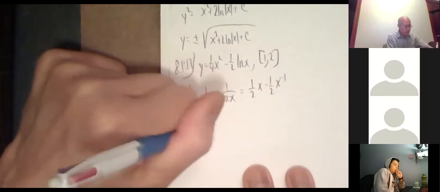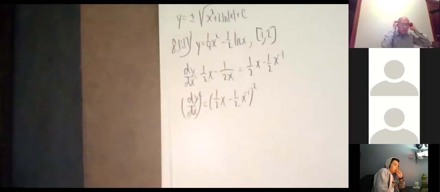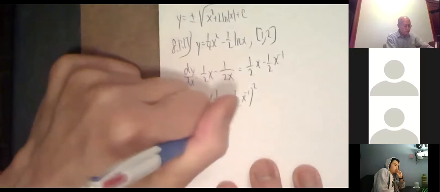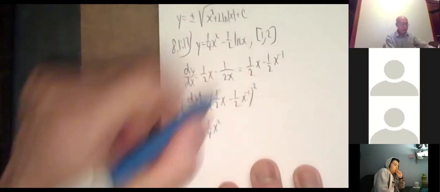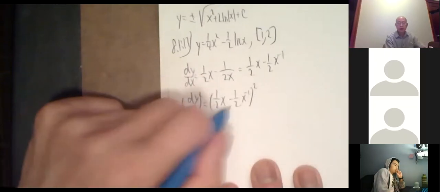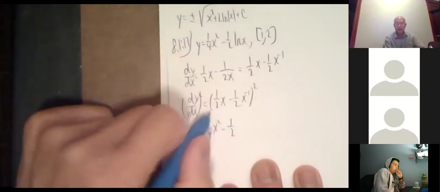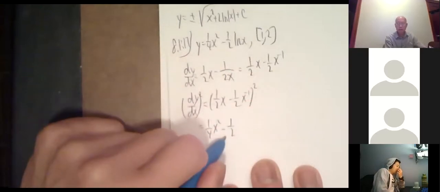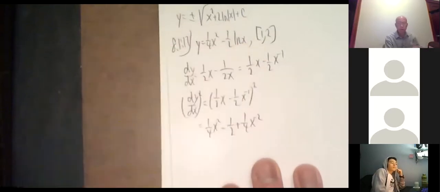dy/dx squared is (1/2 x minus 1/2 x to the negative 1) squared, which is 1/4 x squared minus 2ab, 2 times a half is a half. x times x to the negative 1 is x to the 0, which is 1, so it's just minus a half, plus 1/4 x to the negative 2.